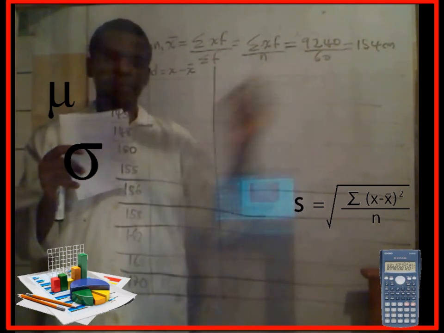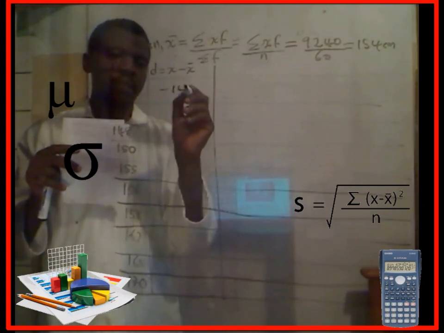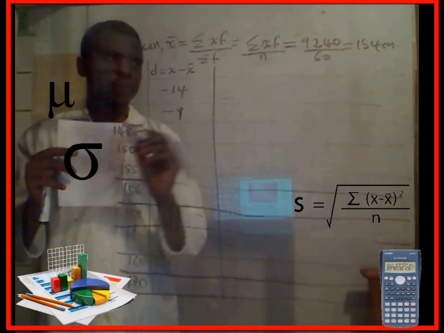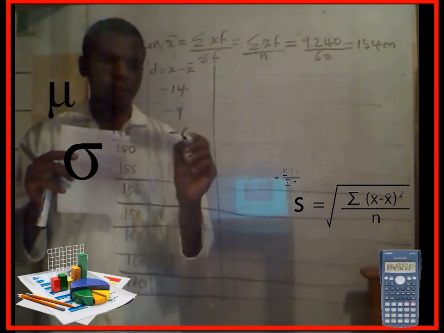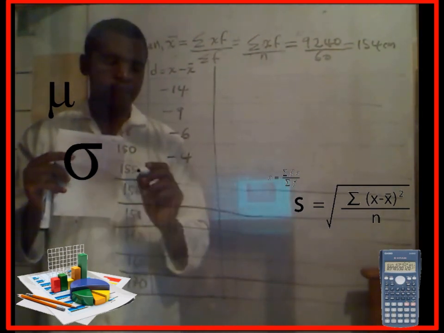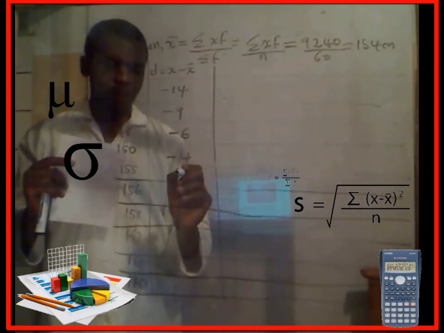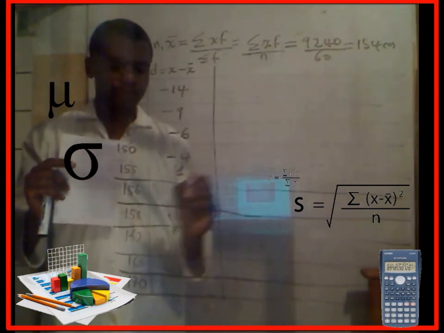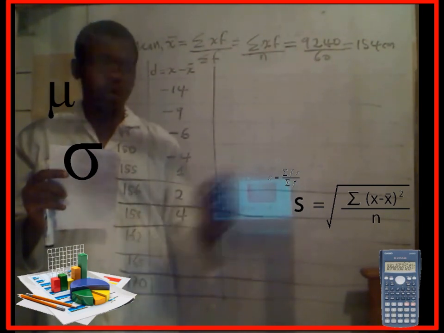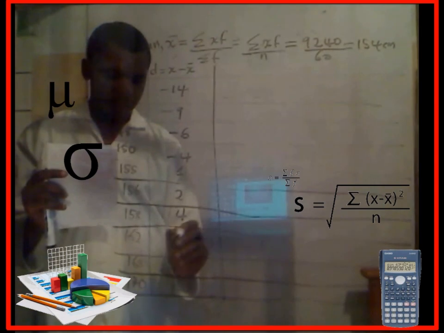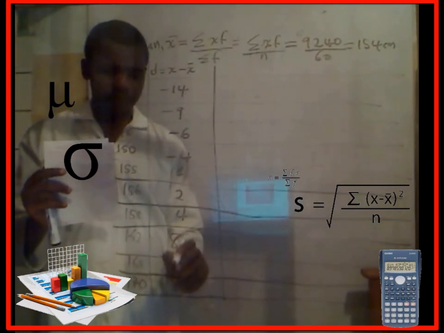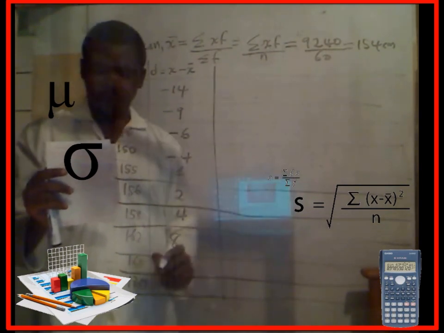So 140 minus 154 gives us minus 14. 145 minus 154 gives us minus 9. 148 minus 154 gives us minus 6. 150 minus 154 gives us minus 4. 155 minus 154 gives us 1. 156 minus 154 gives us 2. 158 minus 154 gives us 4. 162 minus 154 gives us 8. 165 minus 154 gives us 11. 170 minus 154 gives us 16.